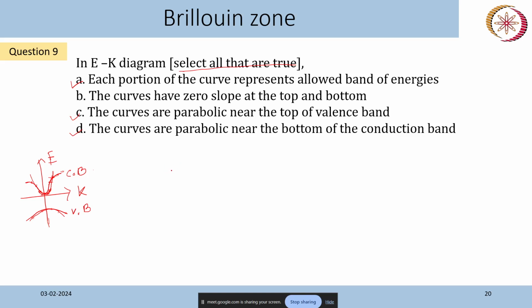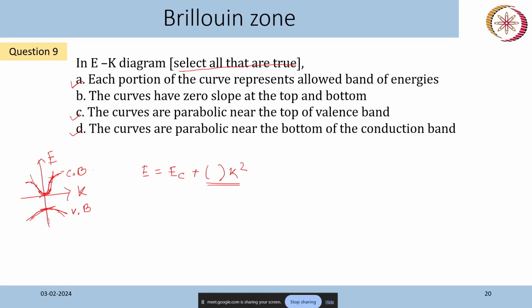So the EK relation will be like E equals some energy value, let's say EC, the edge of the conduction band, plus some constant times k square, because it is parabolic, right? You can see here the curve has zero slope.